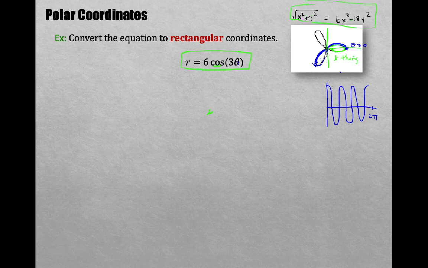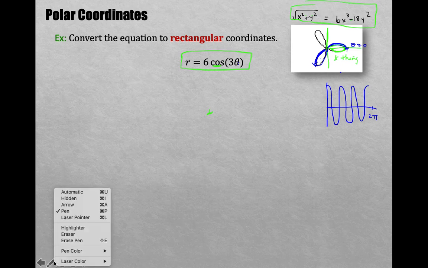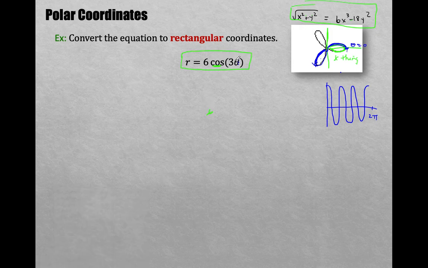Think about what values that would be. So pi over 2. What happens when I put pi over 2 in here? I get 3 pi over 2. Cosine of 3 pi over 2 is 0, right? And if I keep going, follow your cursor. Are you going with me? Trace, trace, trace, trace. Back out to a radius of 6.